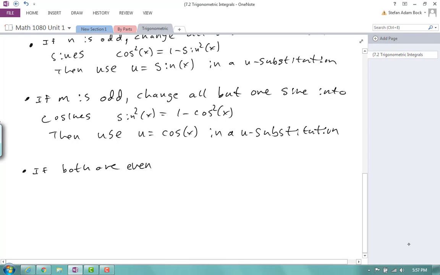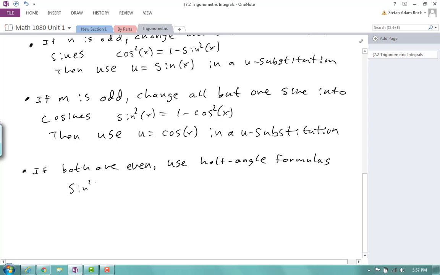Now, I say power reduction, but what I really mean is one of the half-angle formulas that you can find at the front of the book for sine and cosine. So if they're both even, we'll use half-angle formulas to kind of cut everything in half, so to speak.